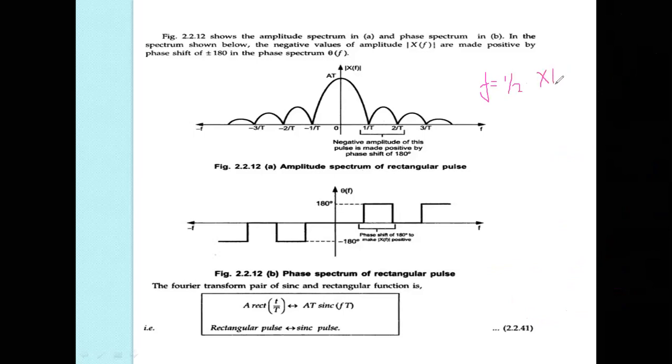What is X(f)? X(f) is equal to AT sin(πft) divided by πft. That is equal to AT sin π by π only. Ft and ft, so f equal to 1/T gets cancelled, and it becomes 0, my dear students.